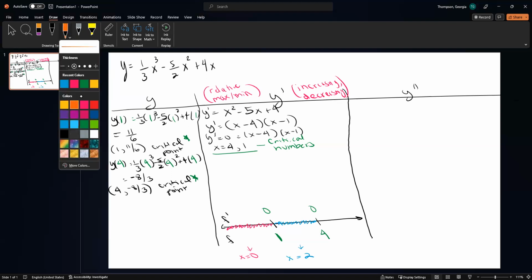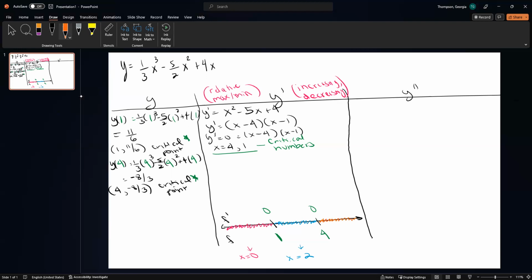And in this last interval, I'm going to choose any number to the right of 4, so I'm going to choose 5. And remember, we're not plugging in 1 and 4 because we already know that will give us a first derivative equal to 0. We want to test the left, the right, and the middle. You can pick any point in these. It will be the same no matter what point you choose as long as you're in the correct interval.